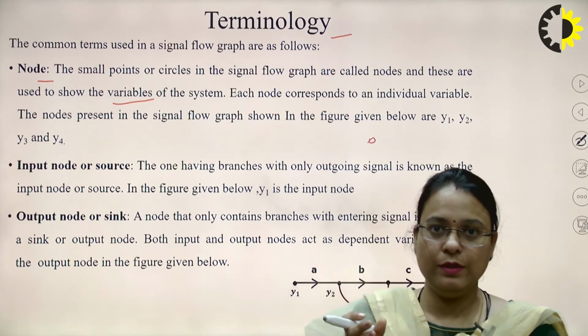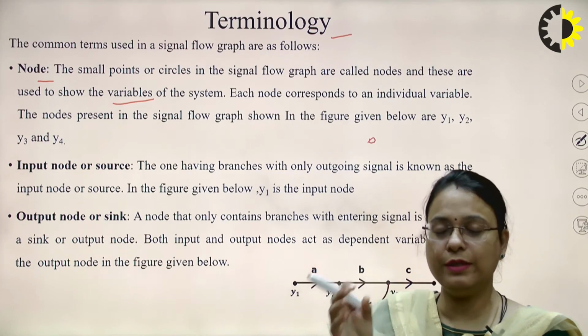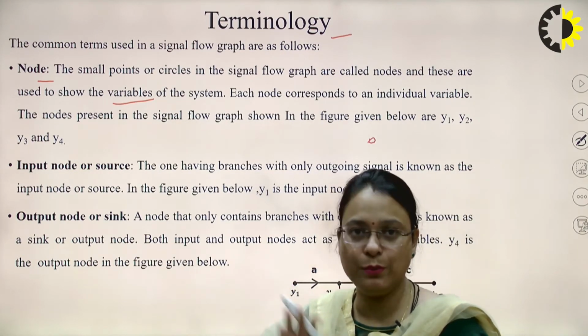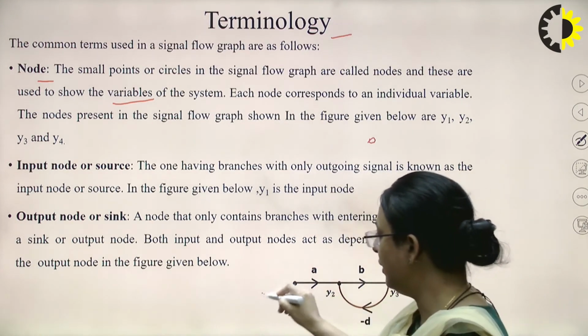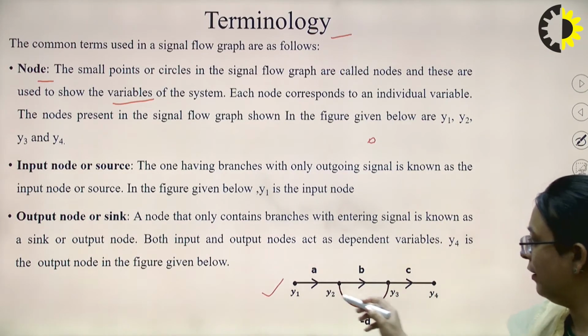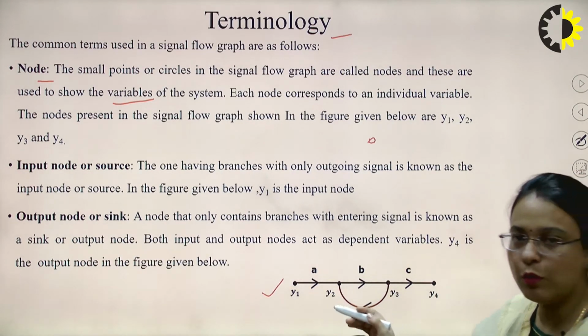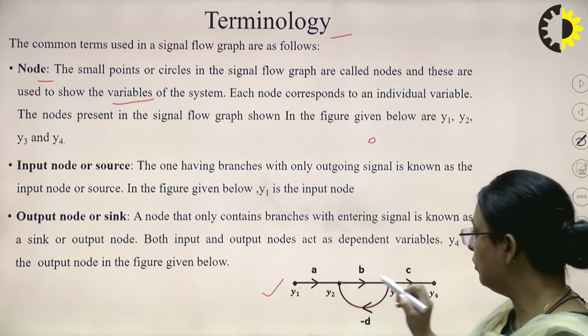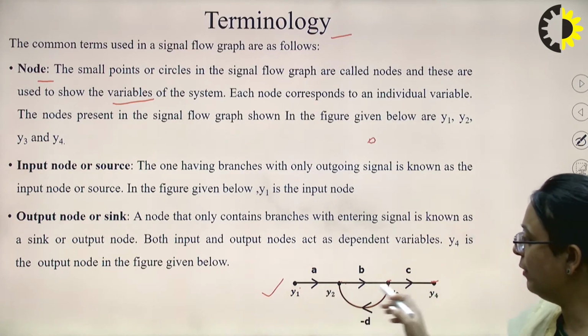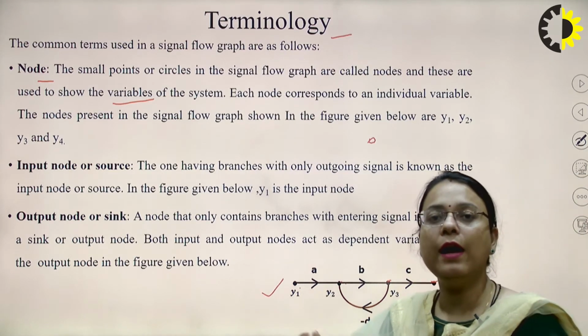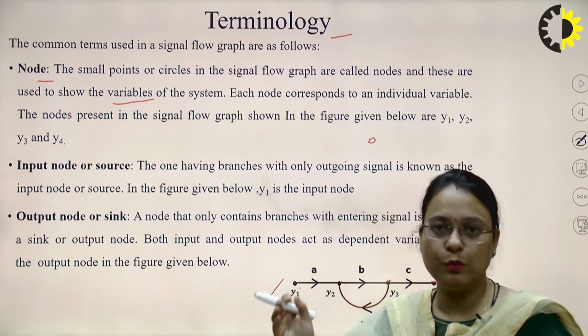Each separate node is assigned to a separate, individual variable. You can consider this figure. Here we have 4 nodes, Y1, Y2, Y3 and Y4. That means the 4 variables Y1, Y2, Y3 and Y4 are associated with the 4 nodes.